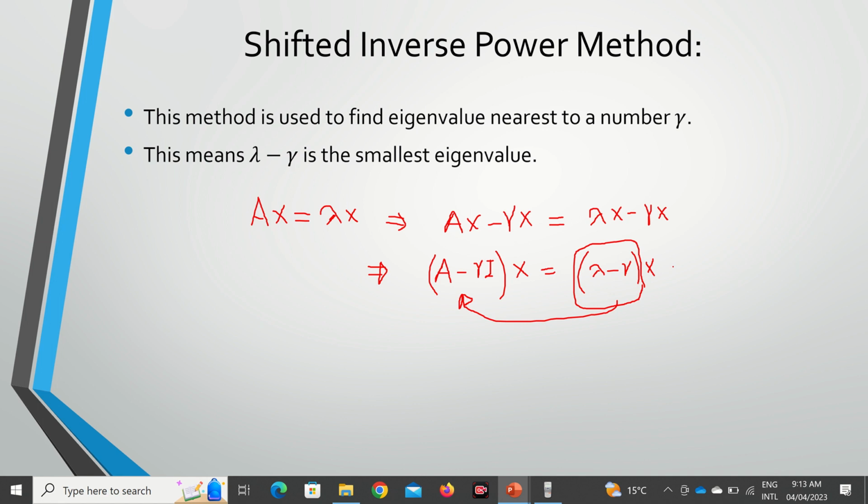It means lambda minus gamma is the smallest eigenvalue of this matrix B, which is equal to A minus gamma I.